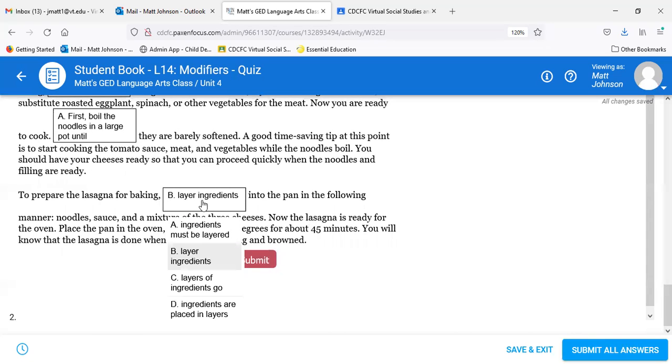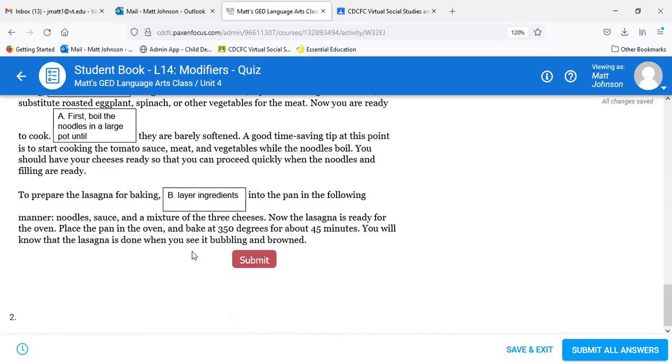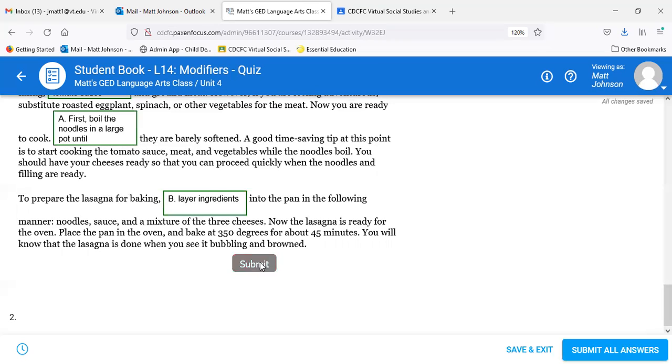And then the other ones also are nonsense, because layers of ingredients changes layer from a verb to a noun. And then D, ingredients are placed in layers. That's also out of order. So layer ingredients into the pan. Some of those can be tricky. So there we go, B there.